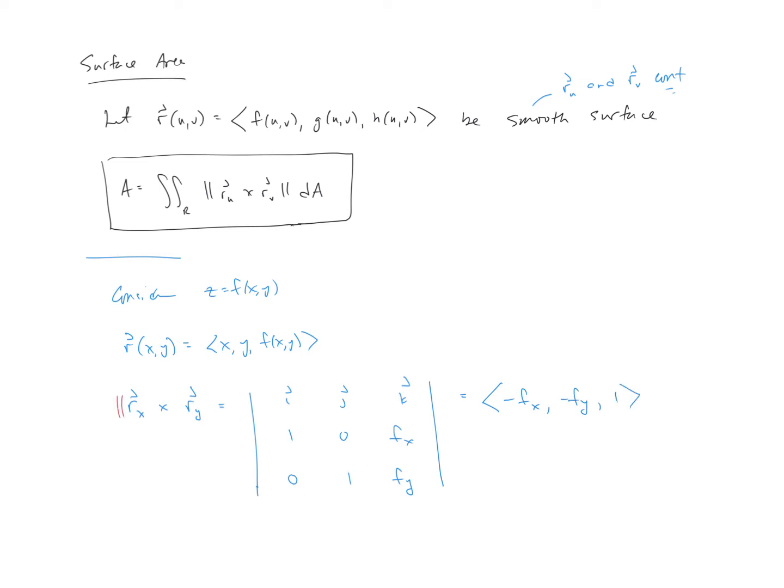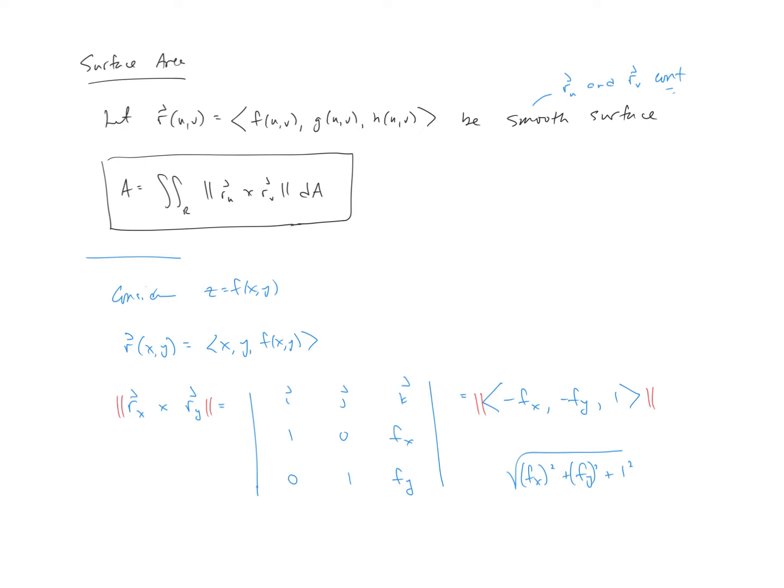Now for the magnitude of it, that's going to take us down to the square root of this thing squared, so f sub x squared, this thing squared, f sub y squared, and then this thing squared. So that's going to give us f sub x squared, f sub y squared, plus 1 squared.